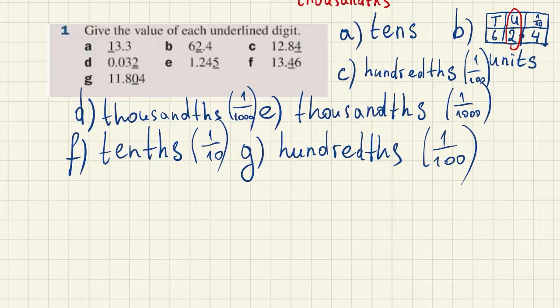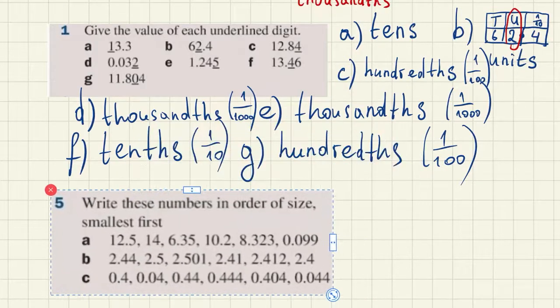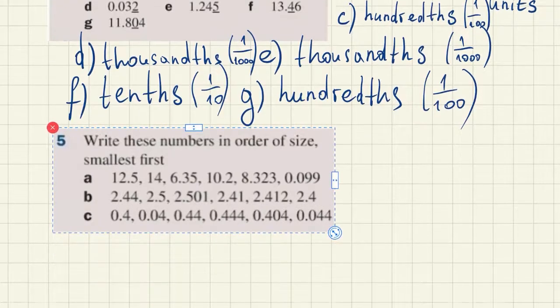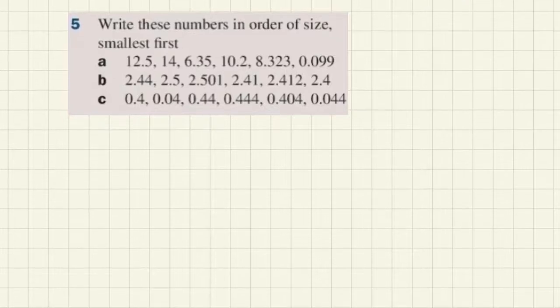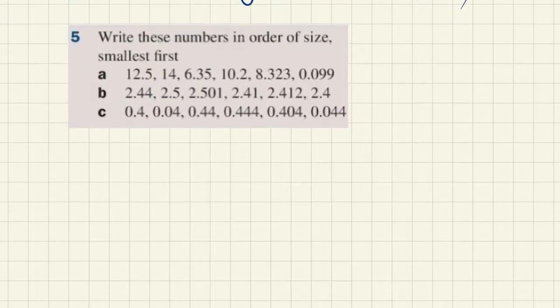Okay, a couple more exercises. Here we have to arrange the numbers in order of size. Smallest first. You have to write the smallest number first. So let's do A. Look at these numbers.